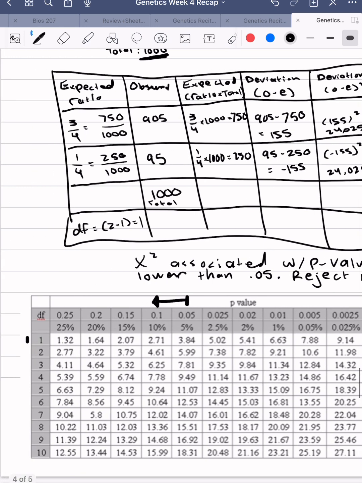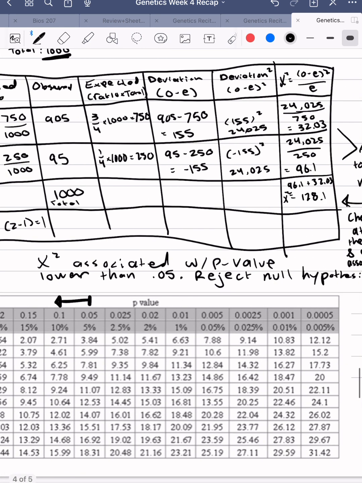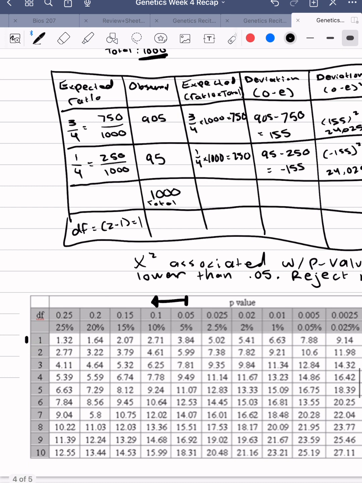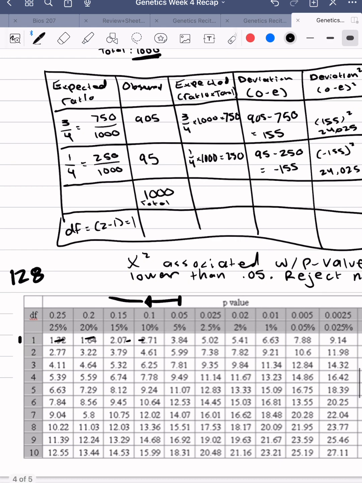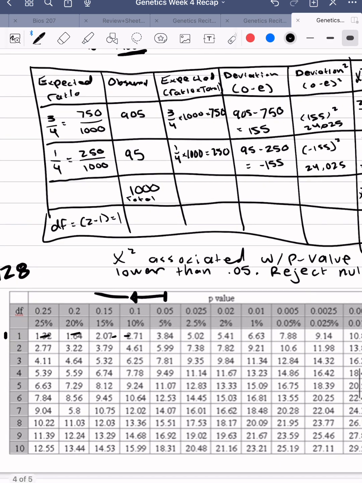So we can see at 1 degree of freedom, we have 128, that's our value. The larger the p-value gets, the smaller the x-squared value gets, and the larger the x-squared value, the smaller the p-value gets.